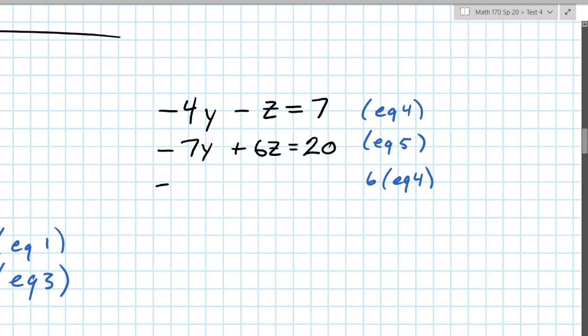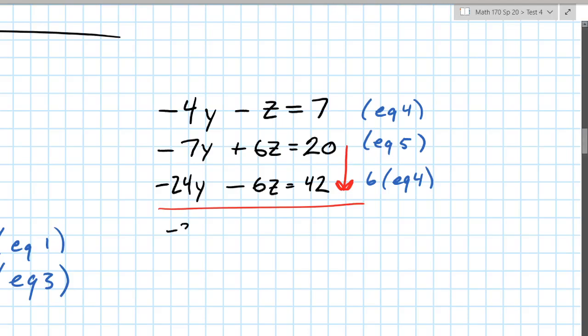So we have -4 times 6 is -24y minus 6z. 4 times 7 is 42. And now I'm going to eliminate the z's by adding those two together.